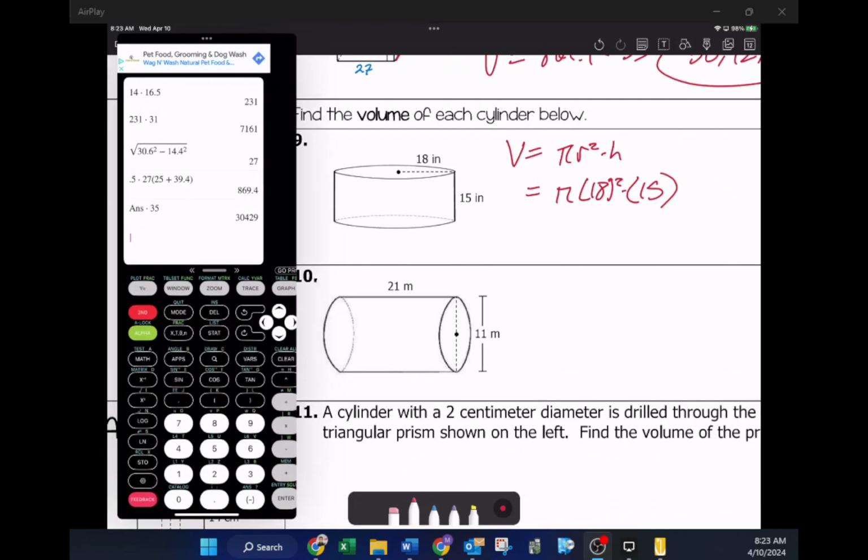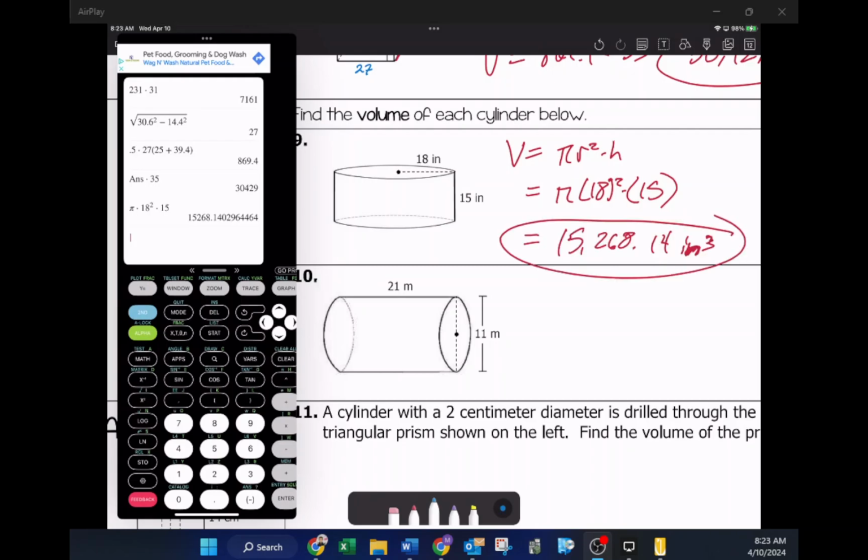So, second pi times 18 squared, times 15. Gives me 15,268.14 inches cubed. Now for here, since the diameter is 11, the radius is 5.5.